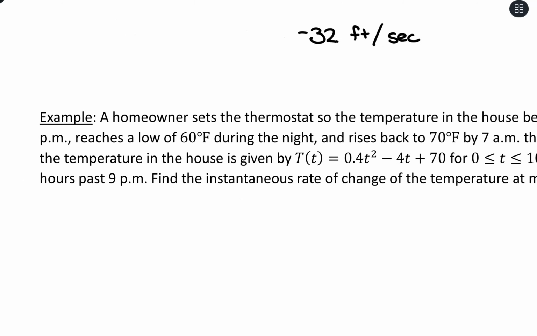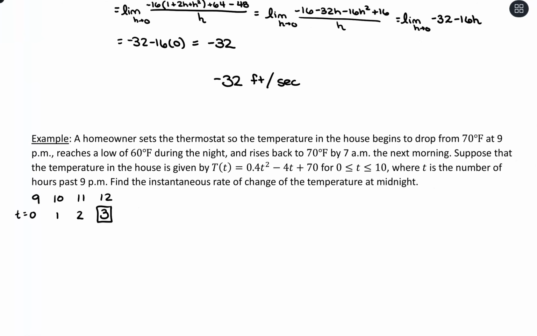So if we're at 9 p.m., that's going to be t equals 0, and we're looking at 10, 11, 12, 1, 2, we're going to be looking at t equals 3 here. So we want the instantaneous rate of change of the temperature. So I'm looking for T prime, capital T. This isn't great with the multiple t's here.